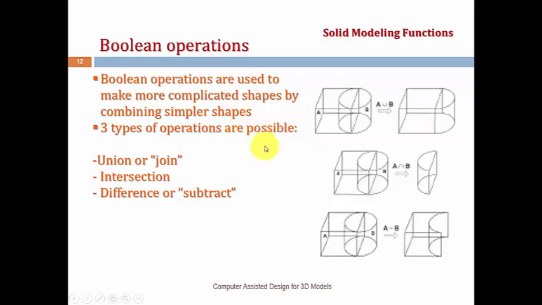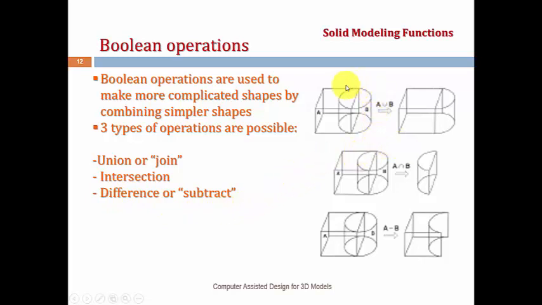The second method to create solid modeling is the Boolean operations. Boolean operations are used to make more complicated shapes by combining simpler shapes. So, for example, we have three types of Boolean operations. We have union or join, we have intersection, and difference or subtract.